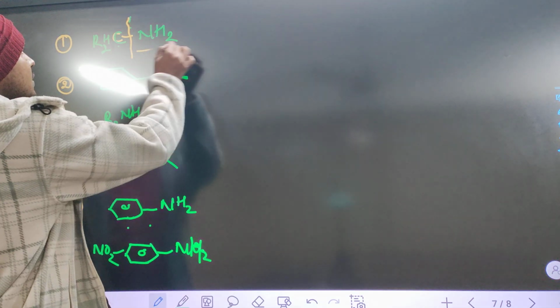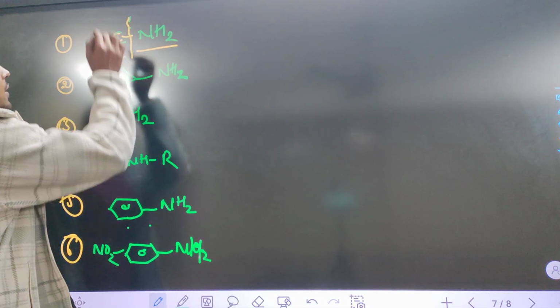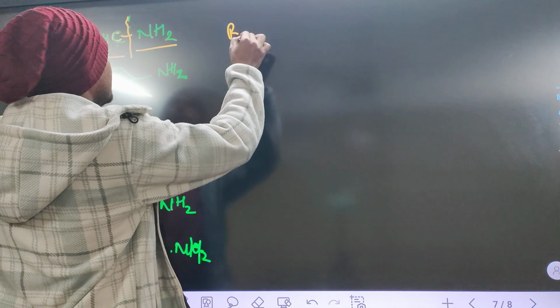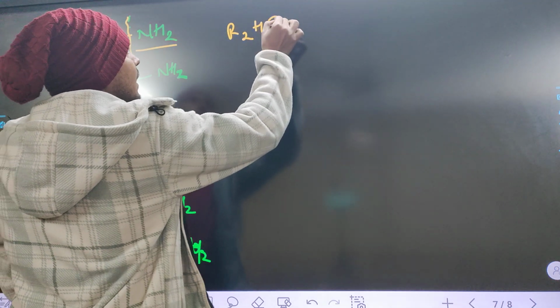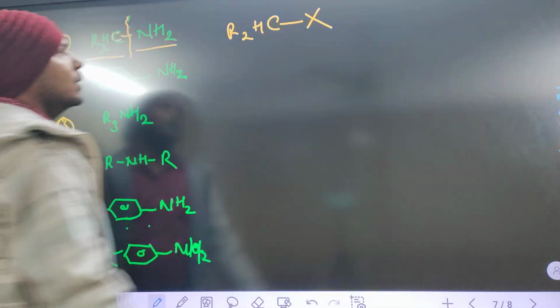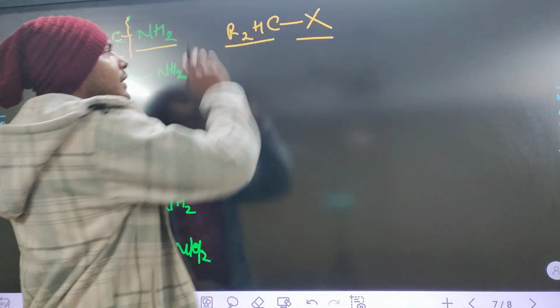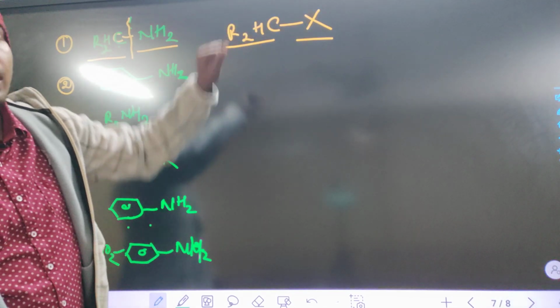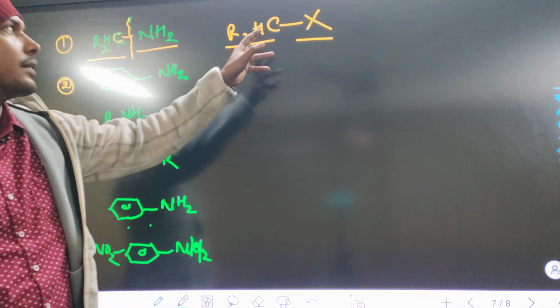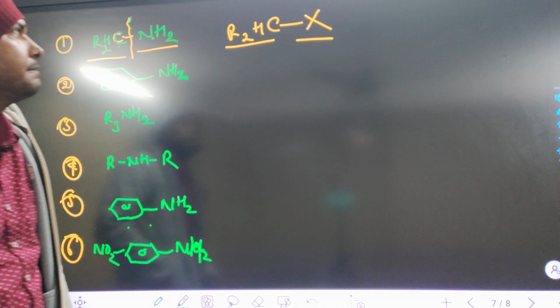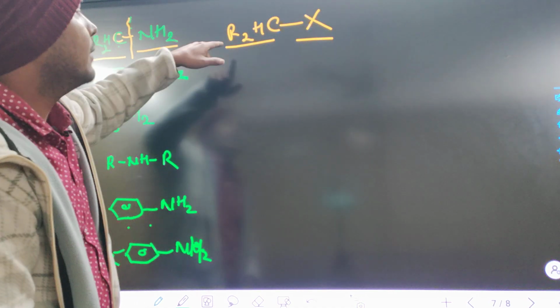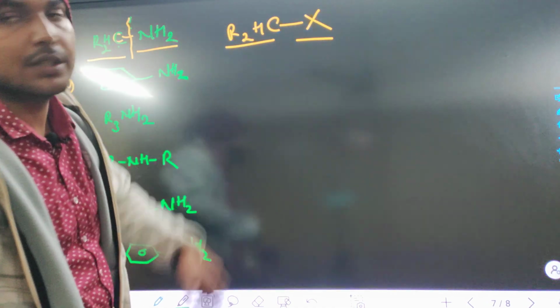I will find this part and this part. So this part is R2HC. In case of alkyl halide, this is the alkyl part, this is the halide part. So let's see the degree of the alkyl halide. Here we are looking and I have found that R2CH is 2 degree.